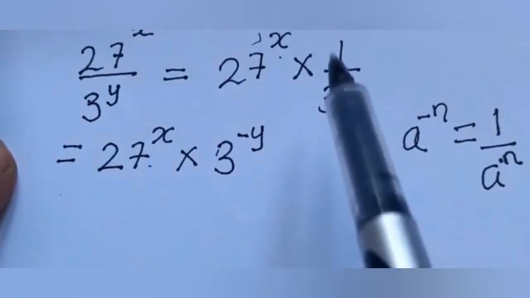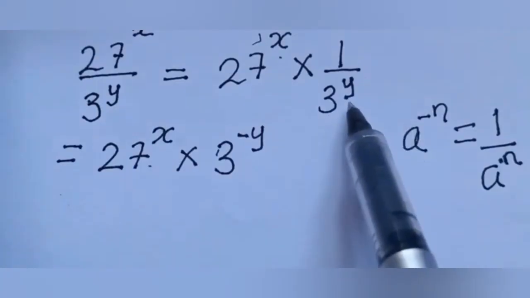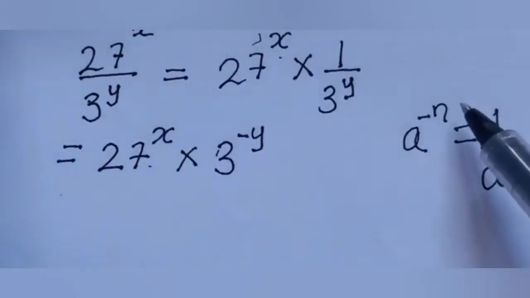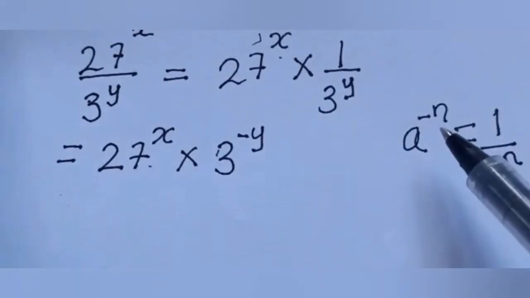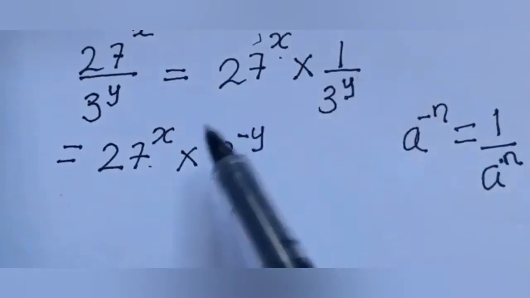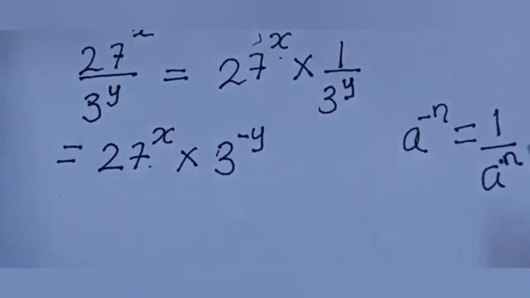So we have 1 over 3 power y, which is in this form, and we want to change it to this form. That's why this one is written in this form by using this law of exponents, which is the negative exponents.